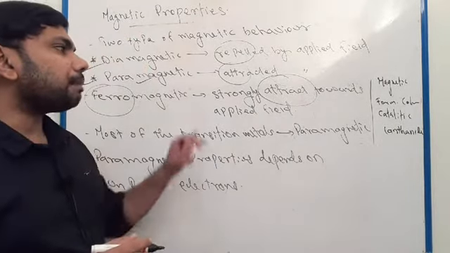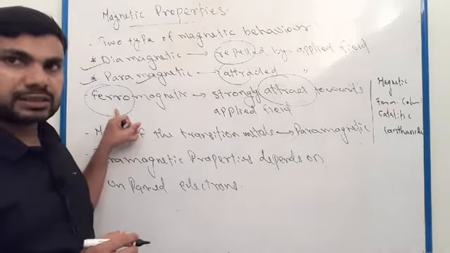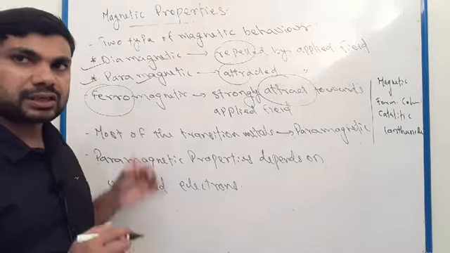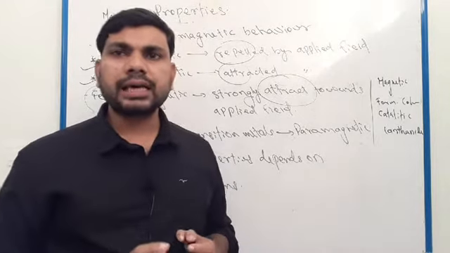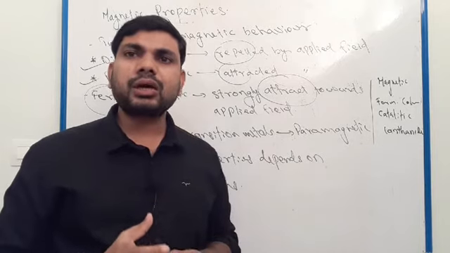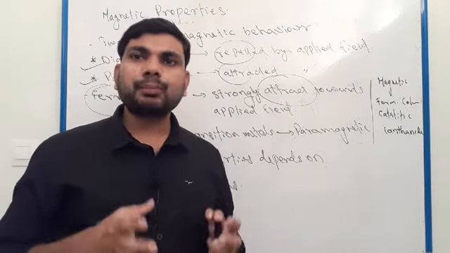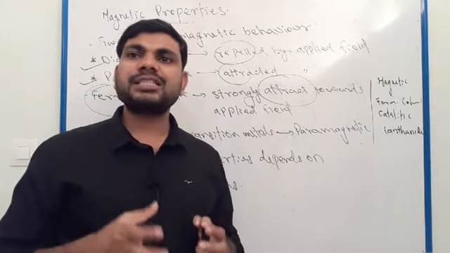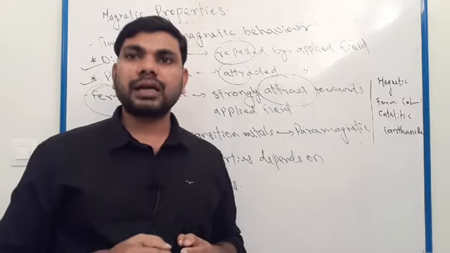And one more thing we have to understand: magnetic properties of D block elements depend on the number of unpaired electrons.